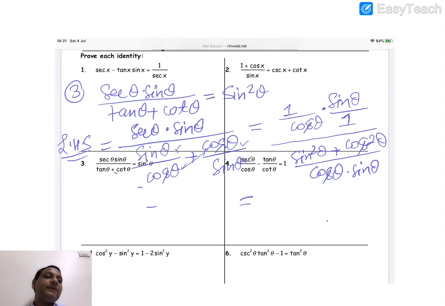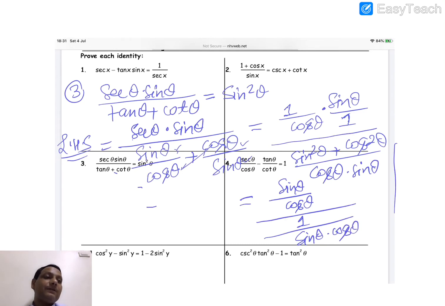So in the denominator part, sin square plus cos square theta, as you all know from the first identity, is 1, and then sin theta into cos theta.